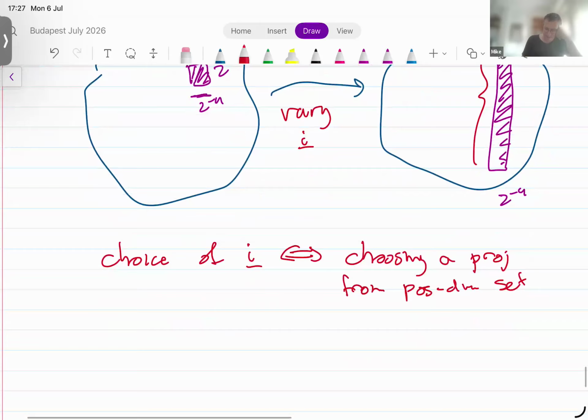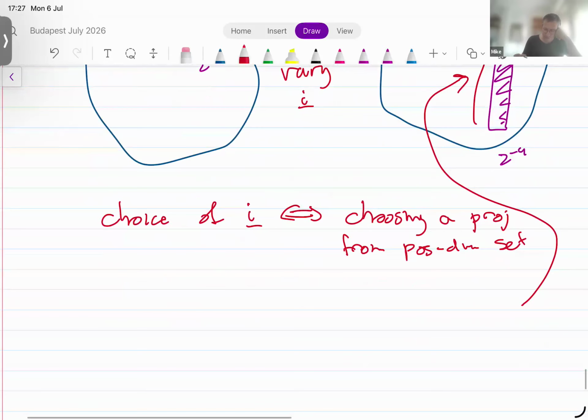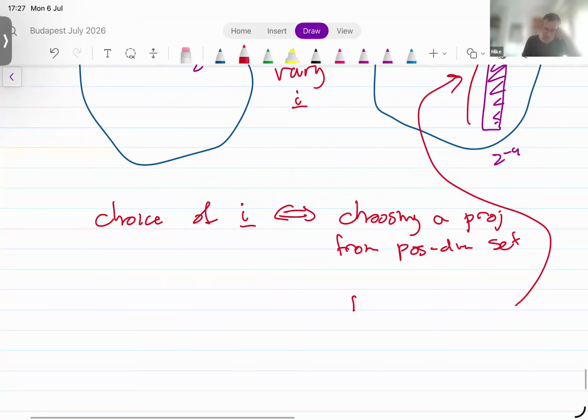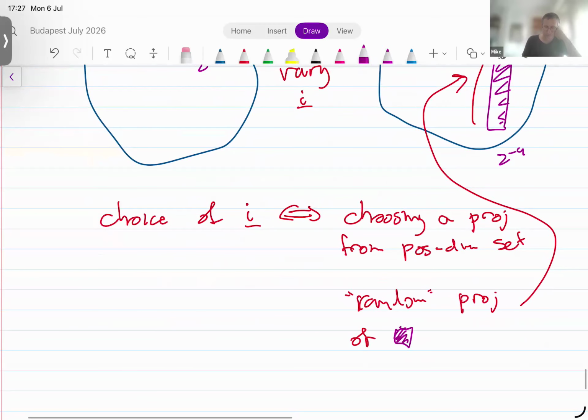And what I get in the vertical part of the image of the small diagonal cube is essentially a projection. It's like a quote unquote random projection of the cube, but rescaled.